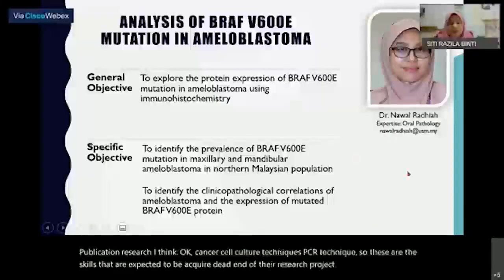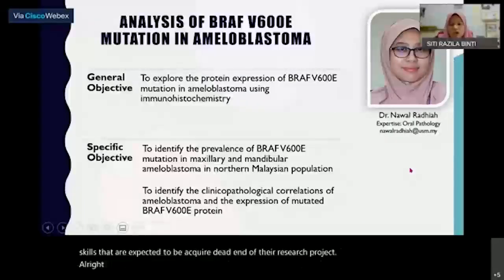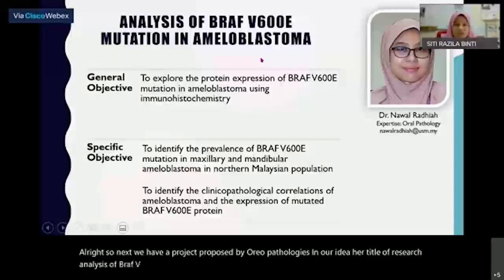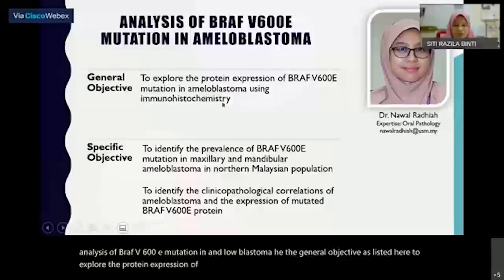All right, next we have a project proposed by an oral pathologist, Dr. Nawar Radia. Her research title is Analysis of BRAF V600E Mutation in Ameloblastoma. The general objective is to explore the protein expression of BRAF V600E mutation in ameloblastoma using immunohistochemistry.